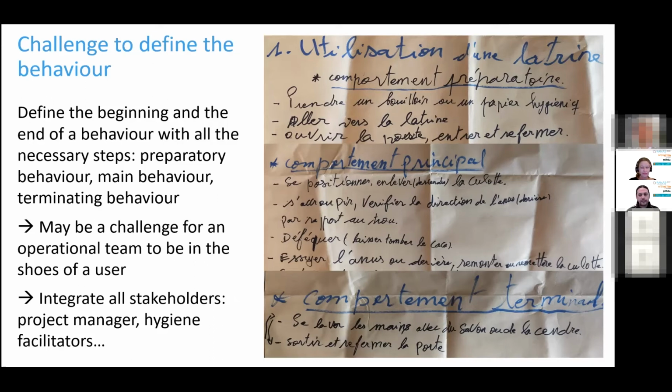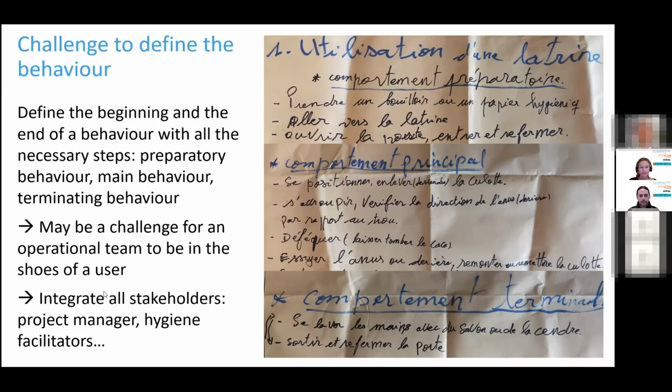So they took the example of drinking. You take a bottle, you turn the top, and then you drink. So you have many behaviors in one main behavior, actually. For this project, that was not so hard, but sometimes it's a challenge for an operational team to be in the shoes of users.